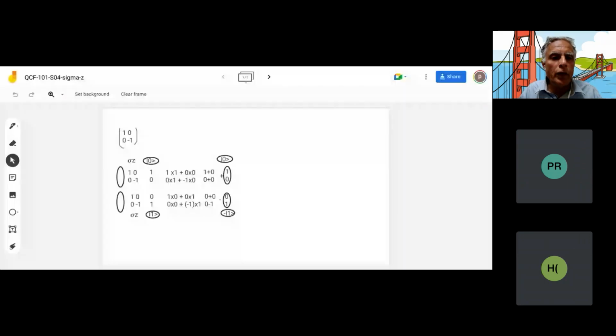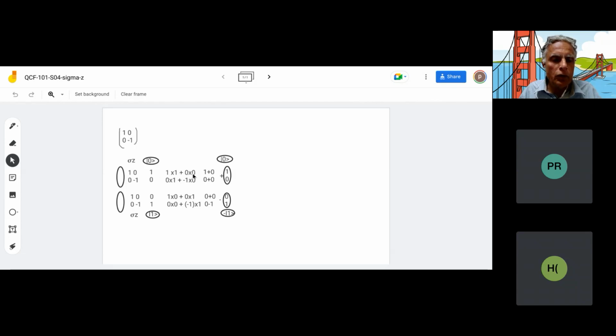So you can see here how, if you have a sigma z, we calculate using the sigma z Pauli matrix, 1 0, 0 minus 1, acting on ket0 and ket1, and this computation is what we do: 1 into 1 plus 0 into 0.